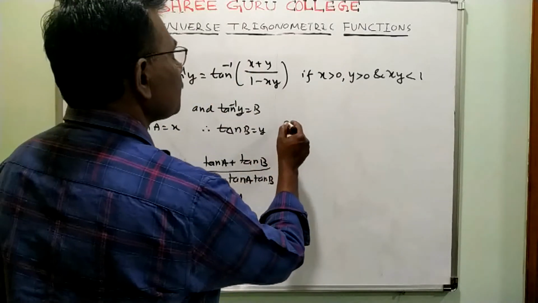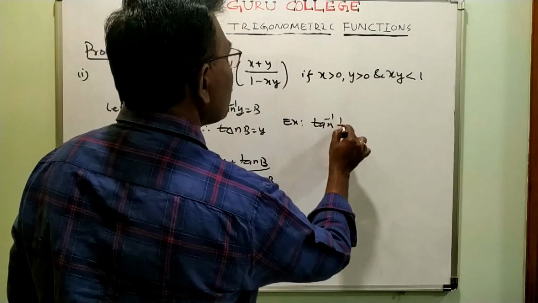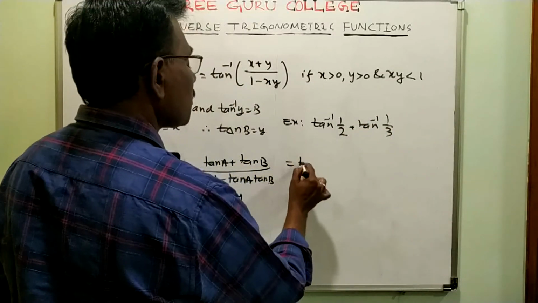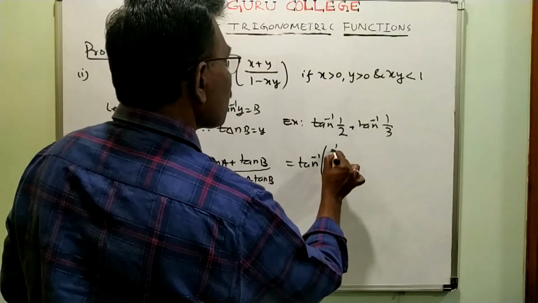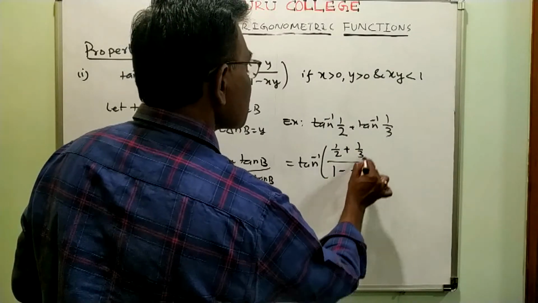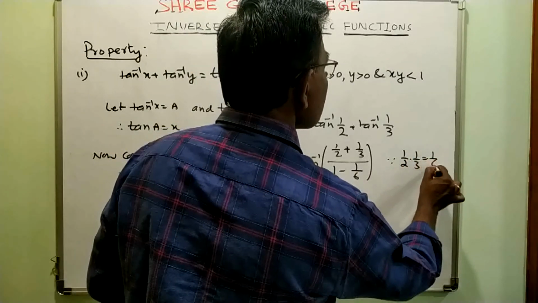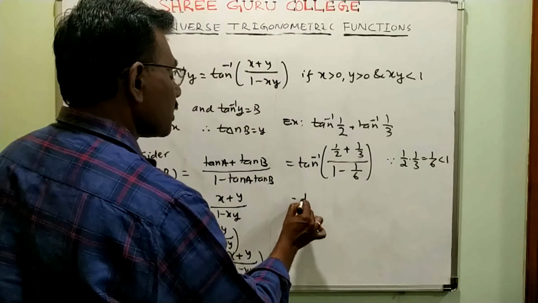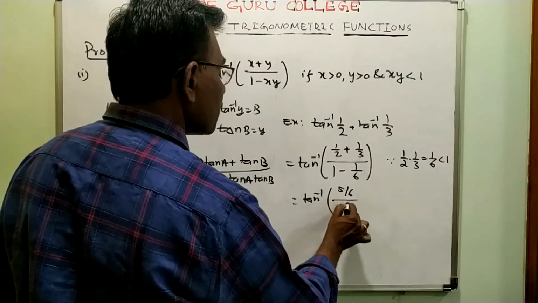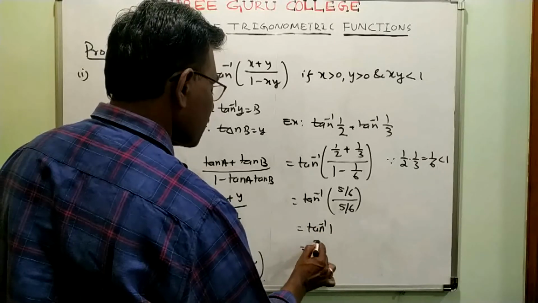For example, tan inverse of 1 by 2 plus tan inverse of 1 by 3 equals tan inverse of (1 by 2 plus 1 by 3) by (1 minus 1 by 6), because 1 by 2 times 1 by 3 is 1 by 6, which is less than 1. Tan inverse of 5 by 6 divided by 5 by 6 equals tan inverse of 1, which is pi by 4.